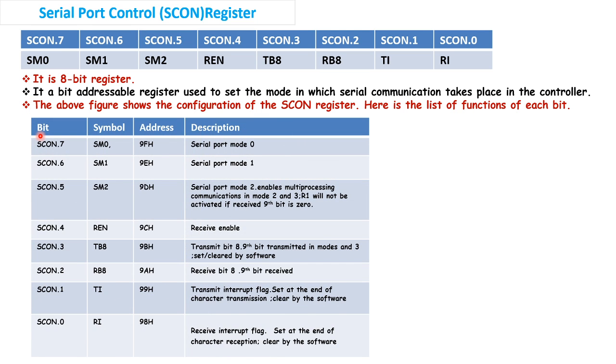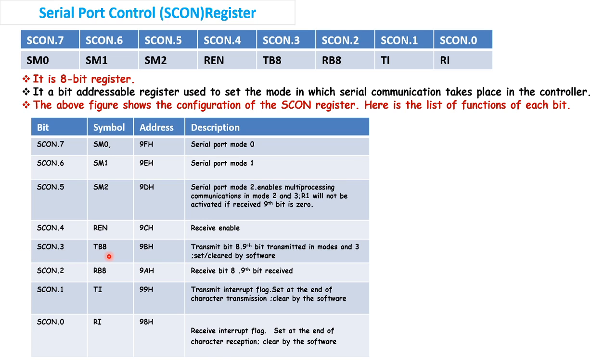The pin description is like this. SCON.0 is the RI bit, the receive interrupt flag. SCON.1 is the TI bit, the transmit interrupt flag. SCON.2 is RB8, receive bit 8, the 9th bit reserved for parity.